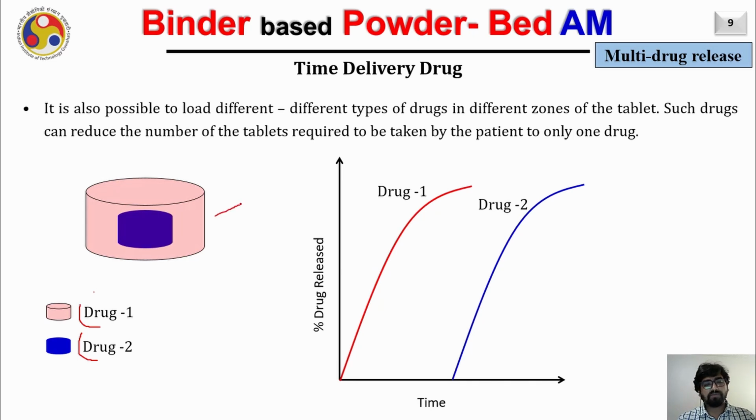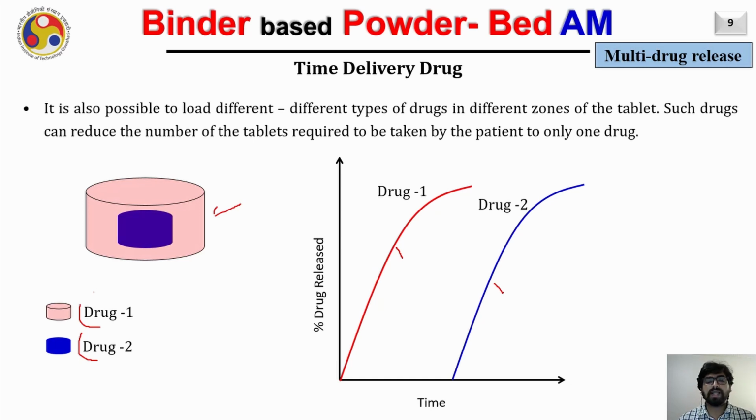When this type of drug releases, you will get a release pattern like that. For the initial period of time, drug 1 will release, and then later on drug 2 will release. So a single pill is serving the purpose of releasing different drugs at different time durations.